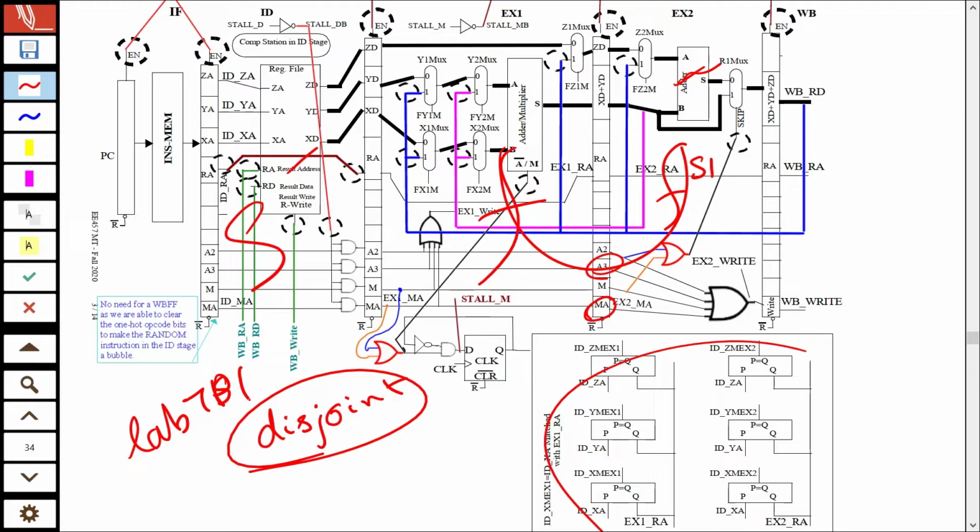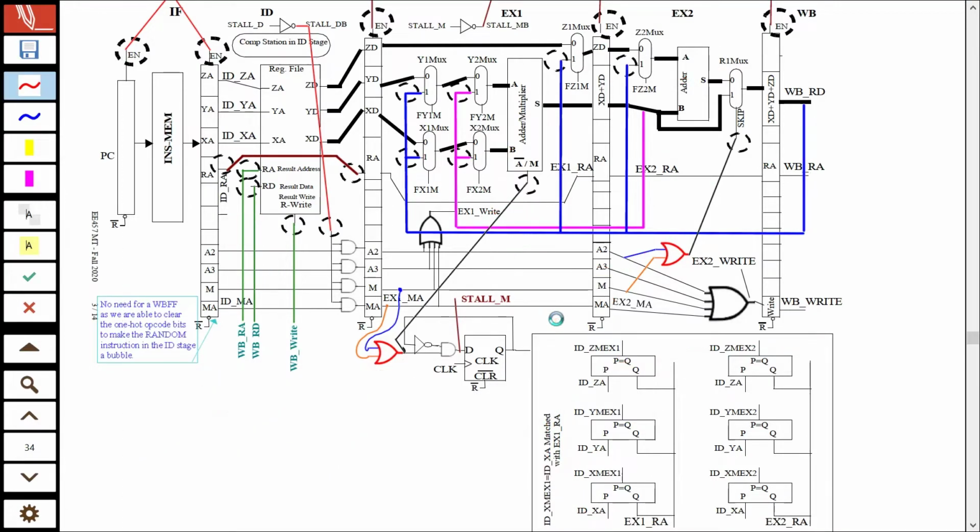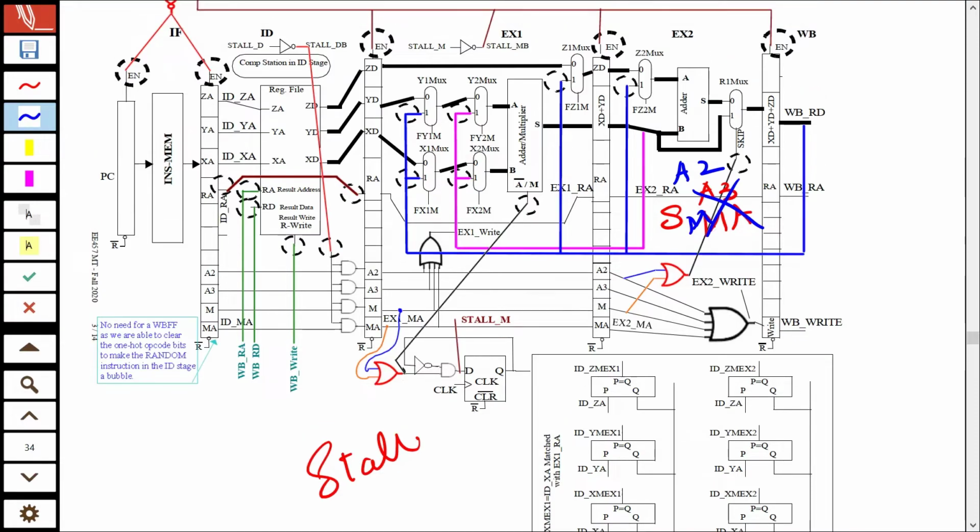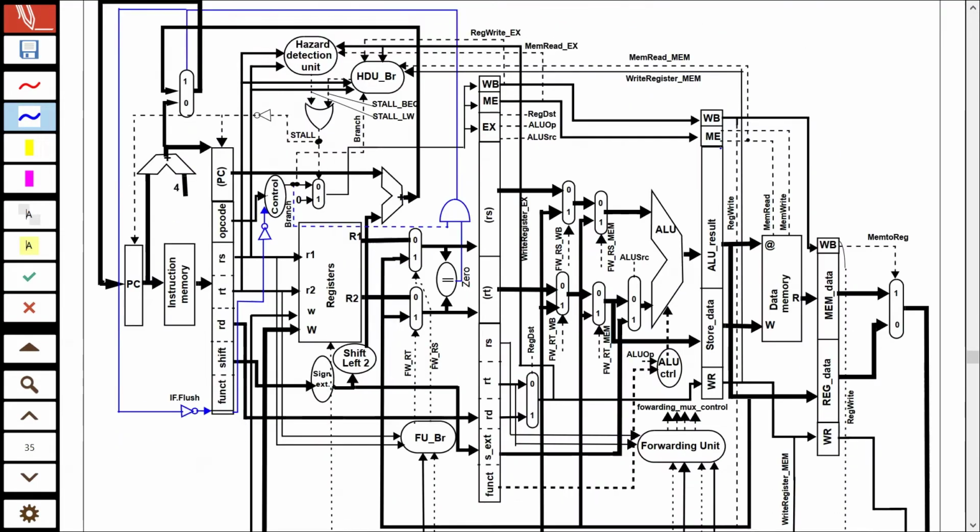Because if the type of senior is MA or A3, they cannot help me, and that goes into stalling. But if the same senior is A2 or M, they can help me. So there is an overlap and they are not disjoint sets. Okay, let's proceed.